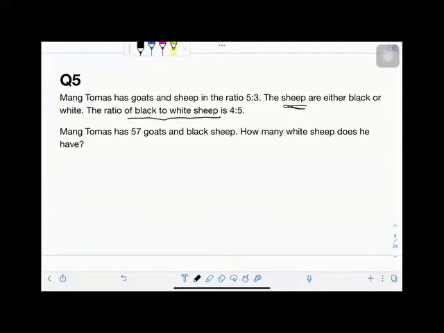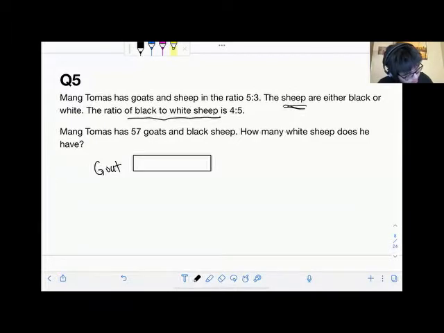Bali yung goat po at saka sheep po. Sa goat po meron tayong 5 boxes po. Tapos sa sheep naman po meron tayong 3 boxes.